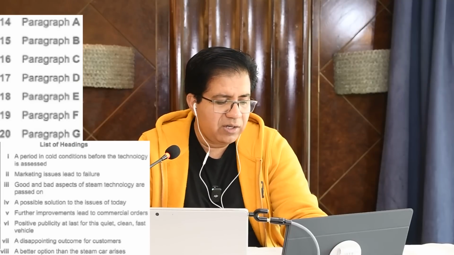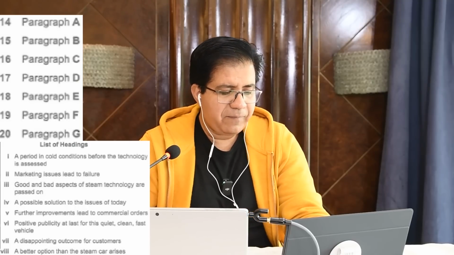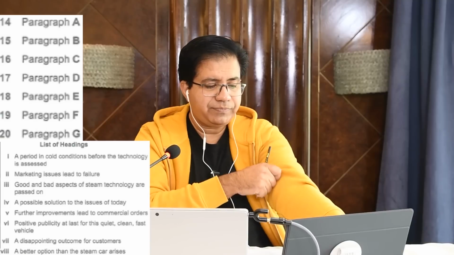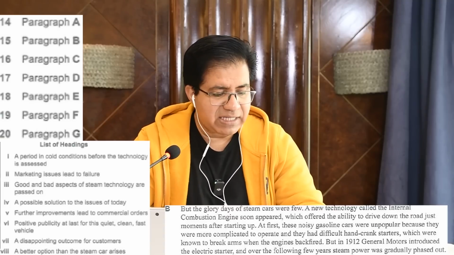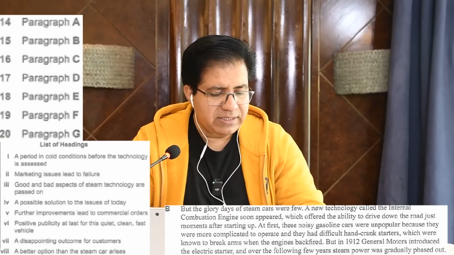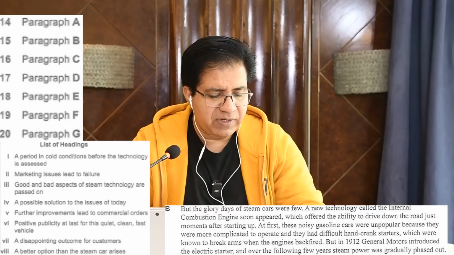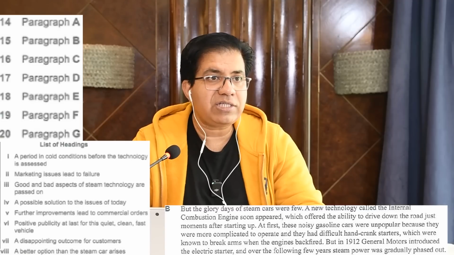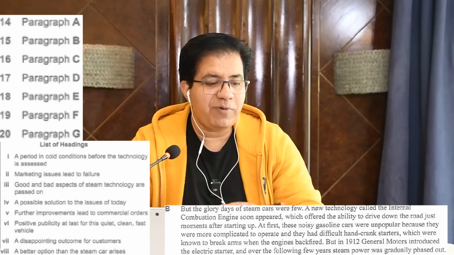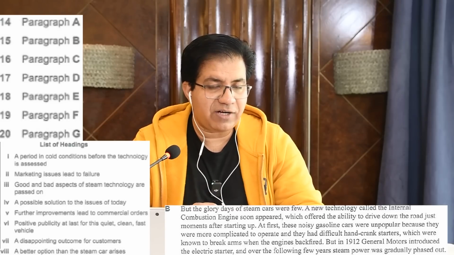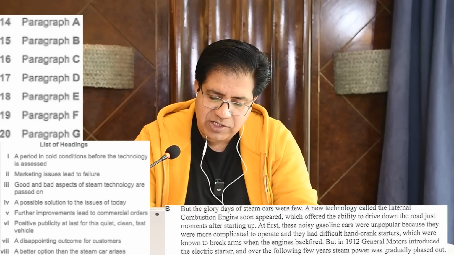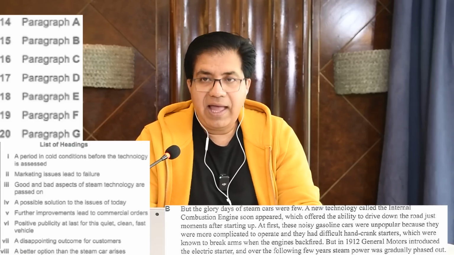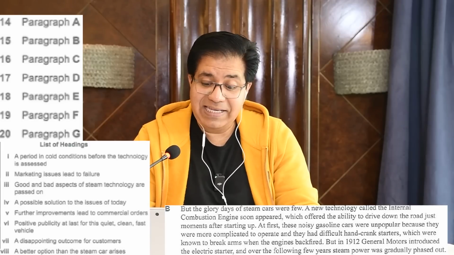Okay. So, which paragraph now? B, exactly. Everyone, please come to paragraph B. They say glory days of steam cars were few. A new technology. Glory days were few and new technology means instead of steam cars, there was a new technology. Heading number 8.